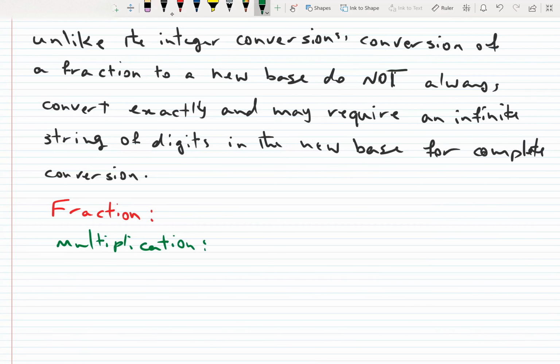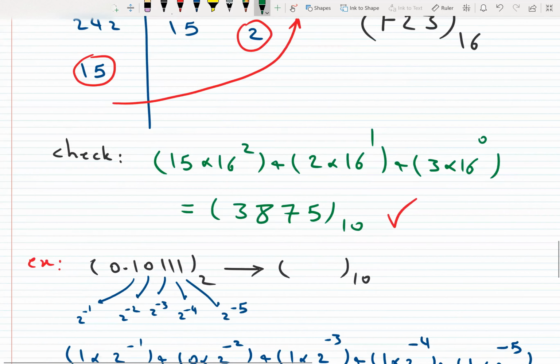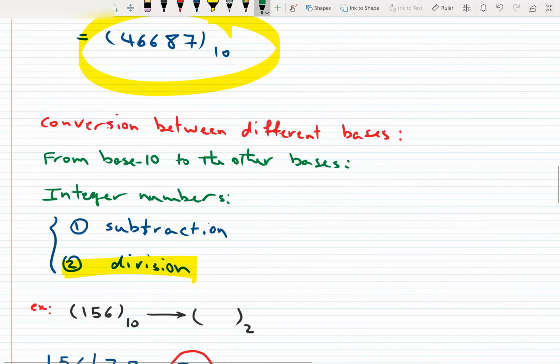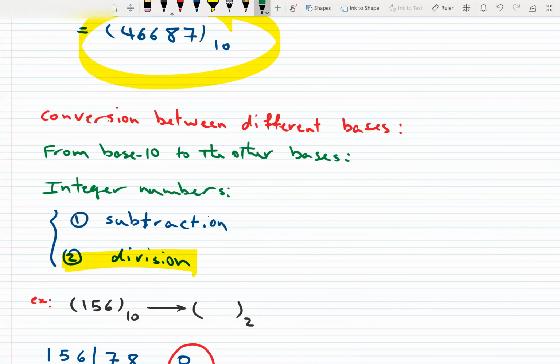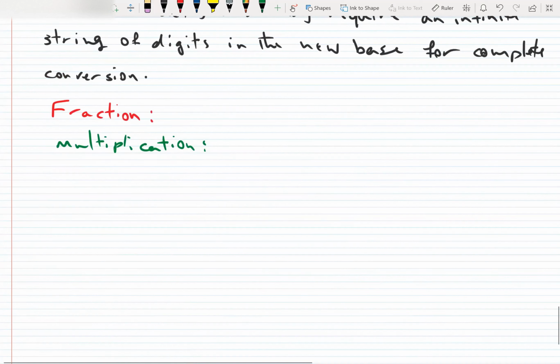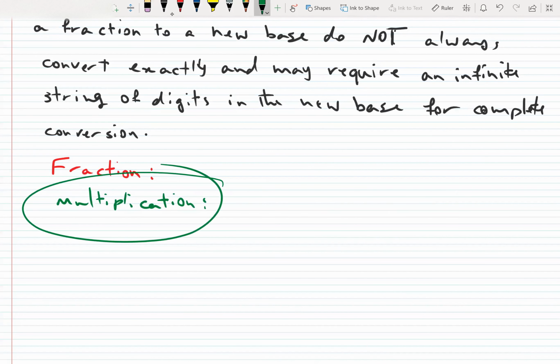For the integer part we use division, but for the fraction part, we use multiplication. Okay, let's see how it works.